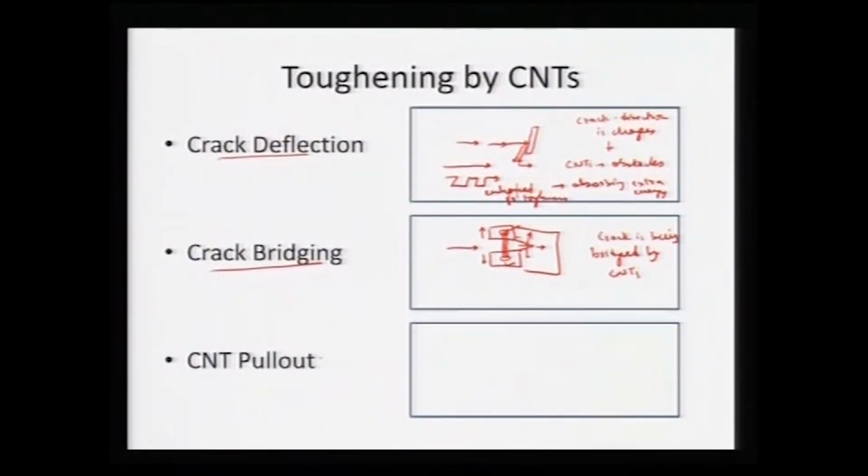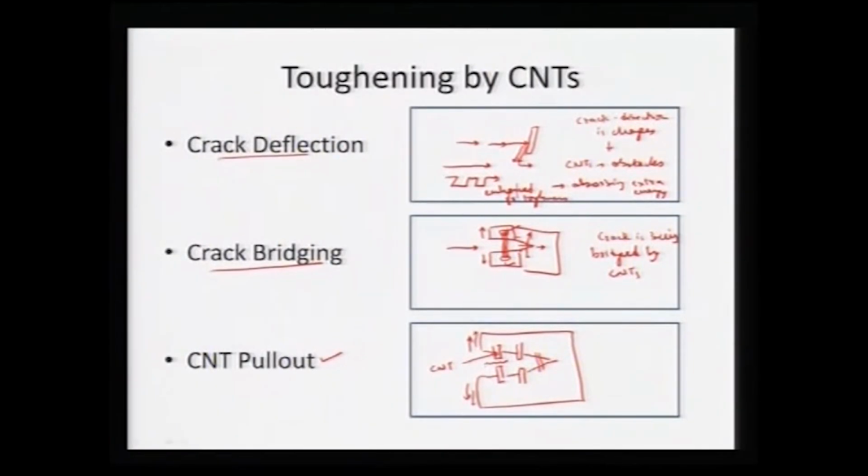And the third thing is CNT pull out. In this case, once it goes to an extreme, I can also get the CNT fractured. So, if I had a crack like this, when some excessive load is being applied, these might start fracturing. So, I have a carbon nanotube and I am applying loading like this.